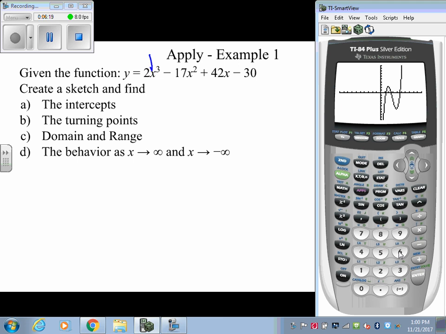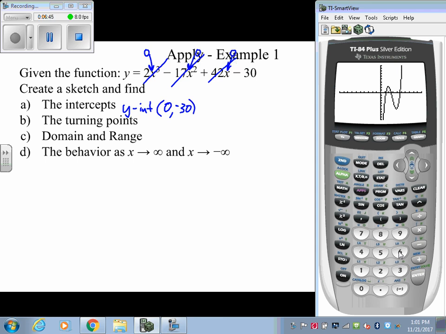We'd be plugging in a 0 for this x, for that x, and for that x, and there's no x with that last term, the negative 30. Well, 0 cubed is 0, times anything is 0, so this term goes away, this one goes away, this one goes away, leaving simply negative 30. So my y-intercept is (0, -30). I plugged in a 0, got out a negative 30.